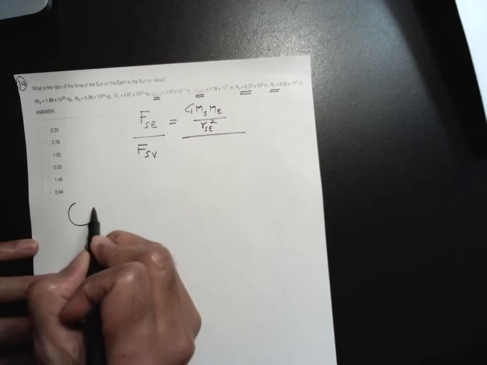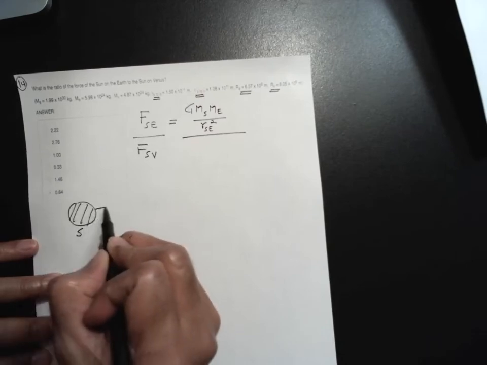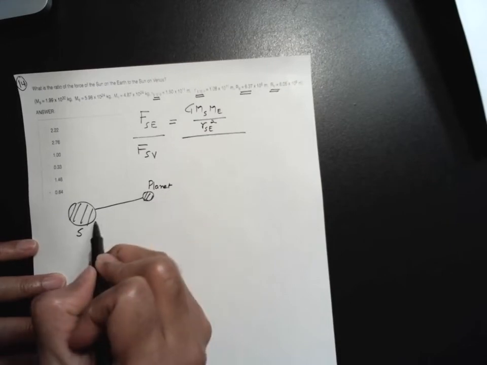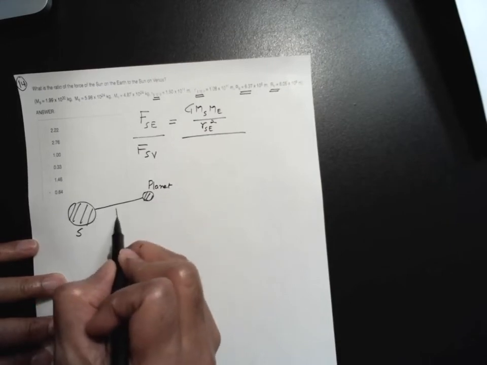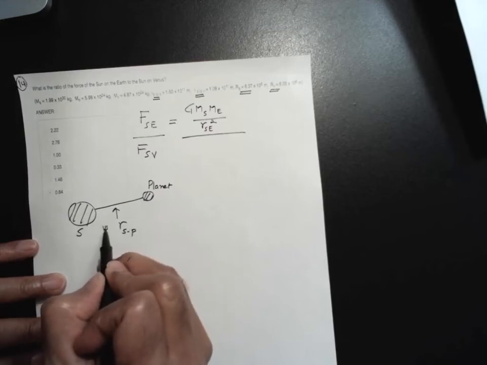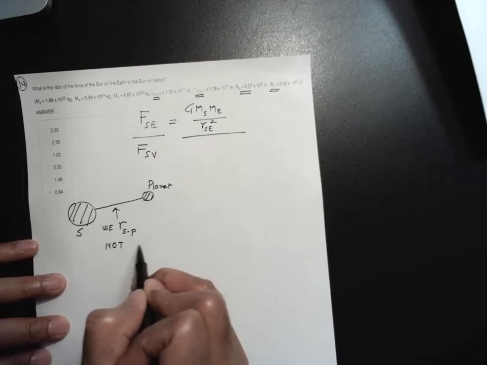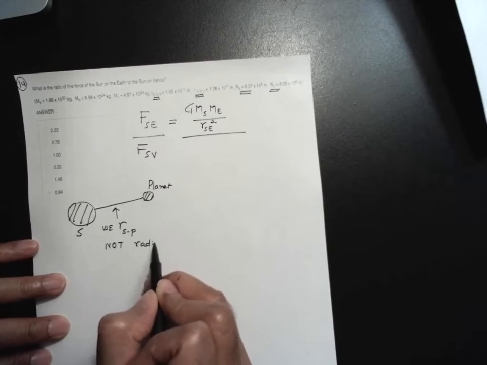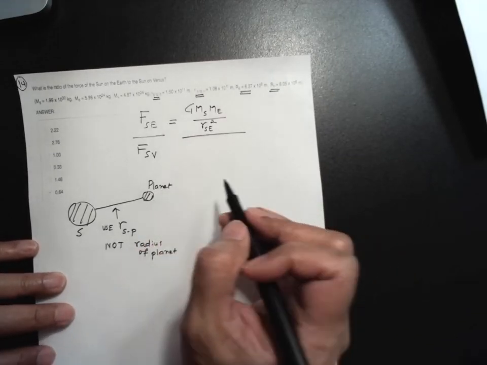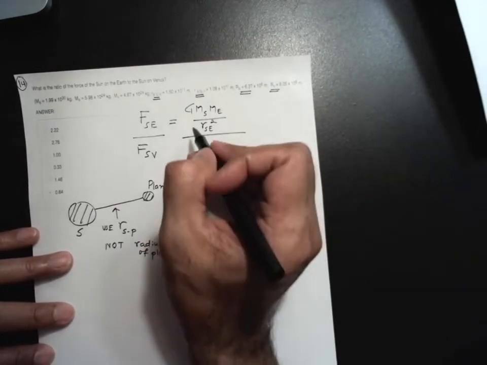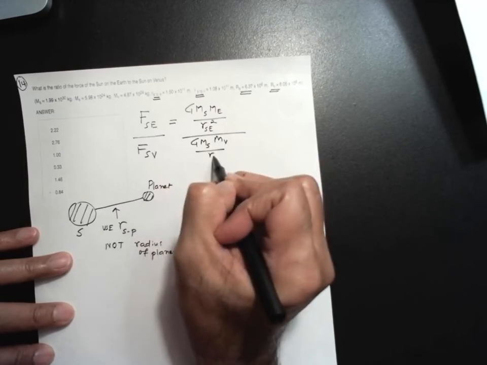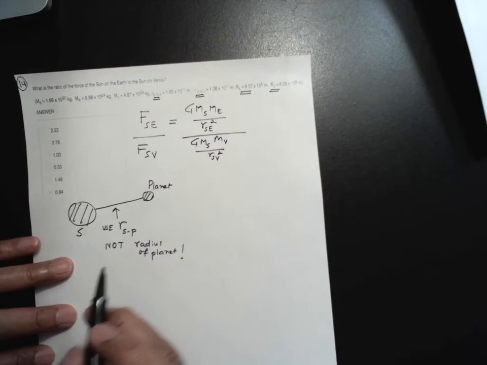So just remember that if this is the sun and this is the planet, then you got to use this distance, the radius from the sun to the planet. Use that, not the radius of the planet. That has nothing to do with anything. Okay, so that's the only thing to keep track of. And so this would be mass of sun, mass of Venus, radius, sun to Venus squared.